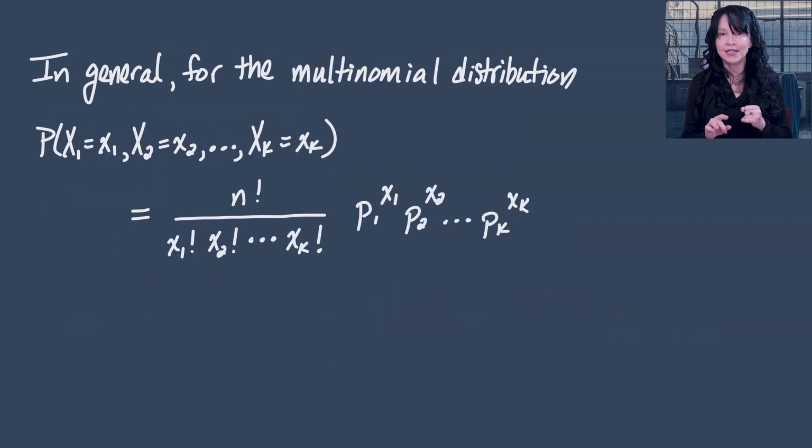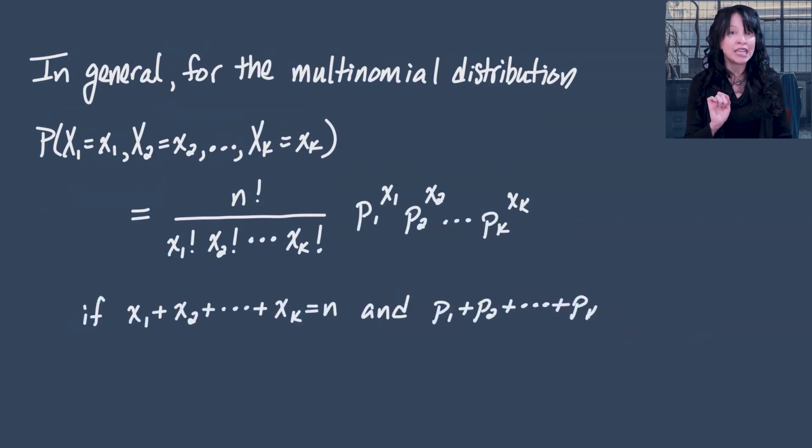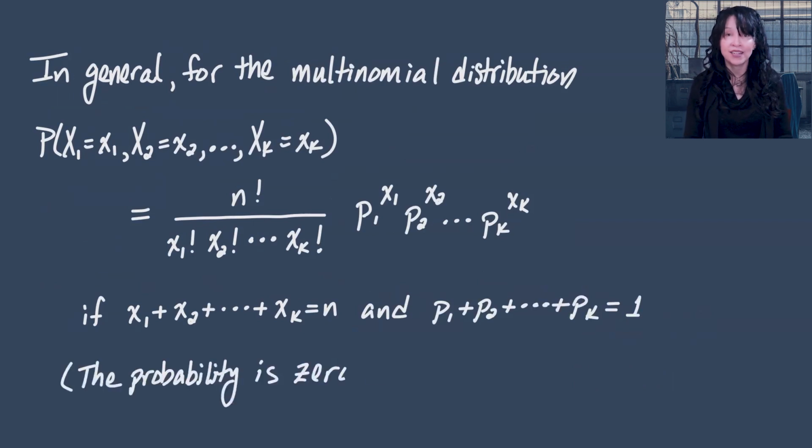And we do need these little x's to sum to n, and we do need these little p's to sum to 1. And in both cases, one of these is locked in, right? Because these sum to n and these sum to 1. So as for the parameters of this model, the little p1, little p2, you only need to specify k minus 1 of them. Of course, the probability is 0 otherwise.